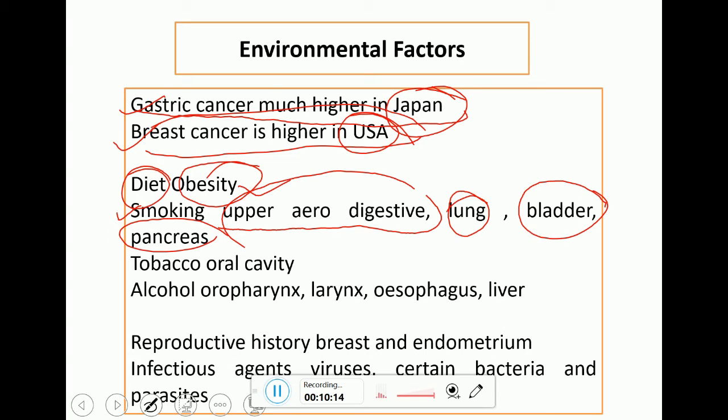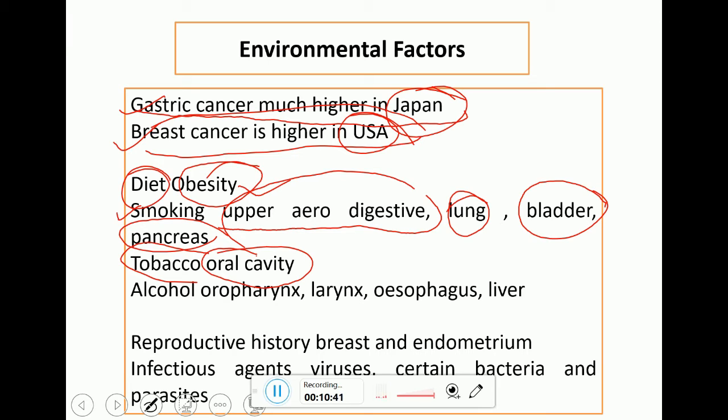Because smoking is itself a chemical carcinogen, and our body is directly exposed to it. Our human cells react to those carcinogens and undergo mutation, due to which they develop cancer. Tobacco is another cause, linked to oral cavity cancer.